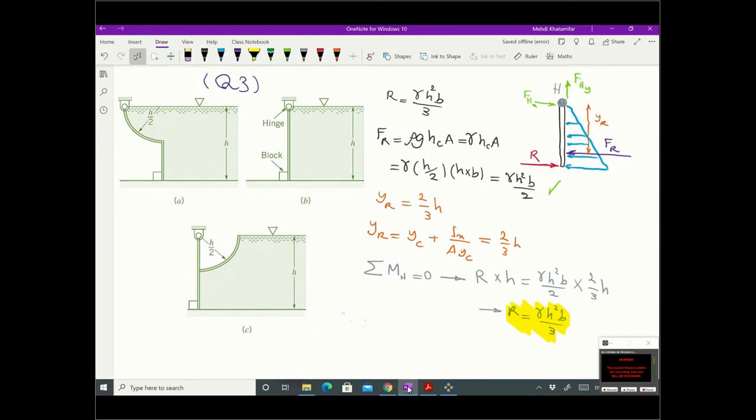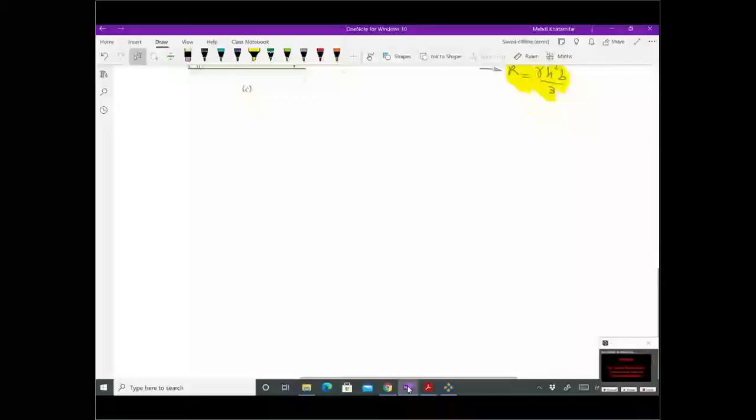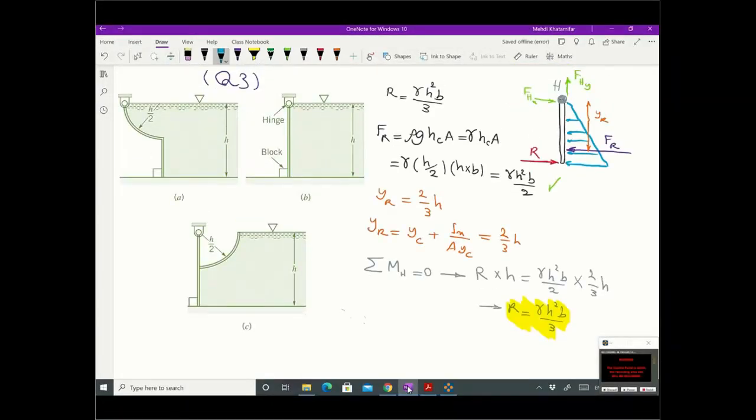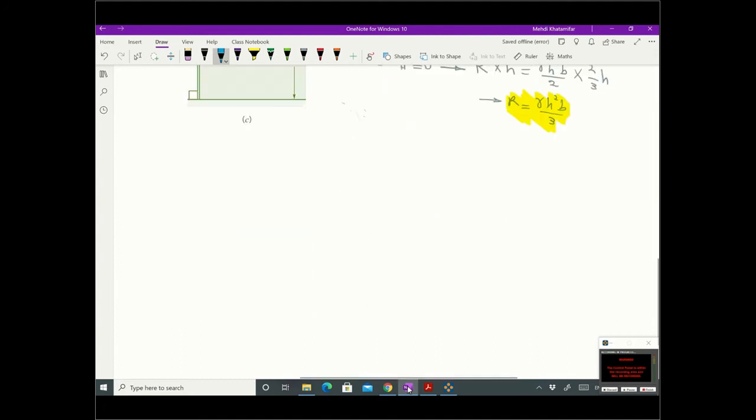I'm going to draw the free body diagram to help. So let's cut this piece. Why am I including this? Because I want to have the force from the block. So I'm cutting from that blue dot. So this is the section I cut from the tank.